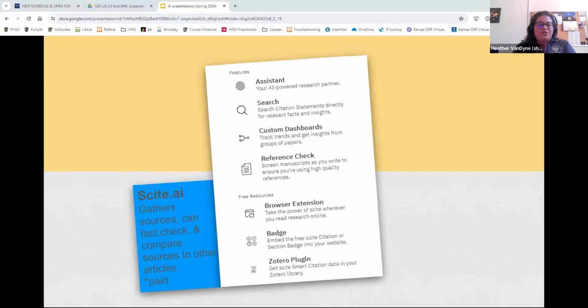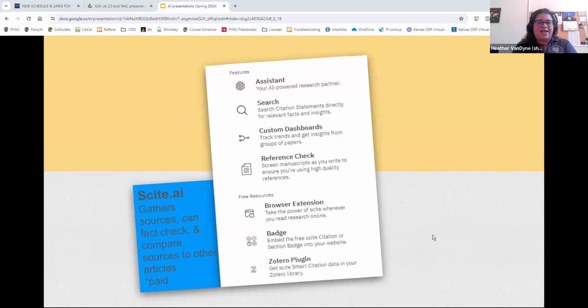One thing that makes me consider whether it might be worth it is that it has a plugin for Zotero, so it'll make it easier to keep track of how articles in your collections are cited. You can see which ones have been supported, disputed, and mentioned in other journals.